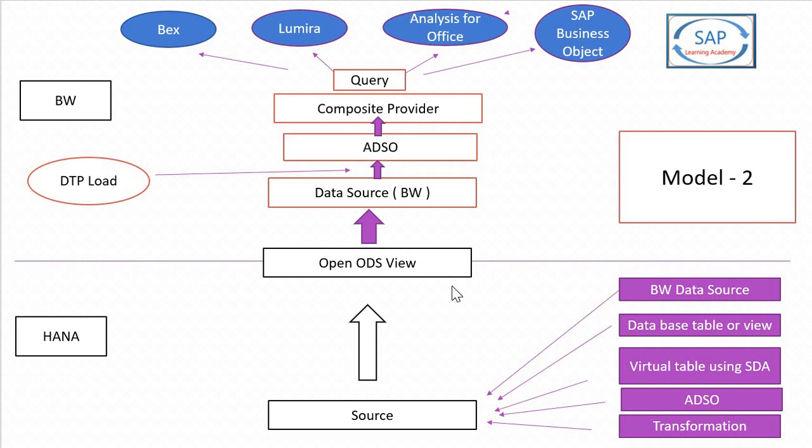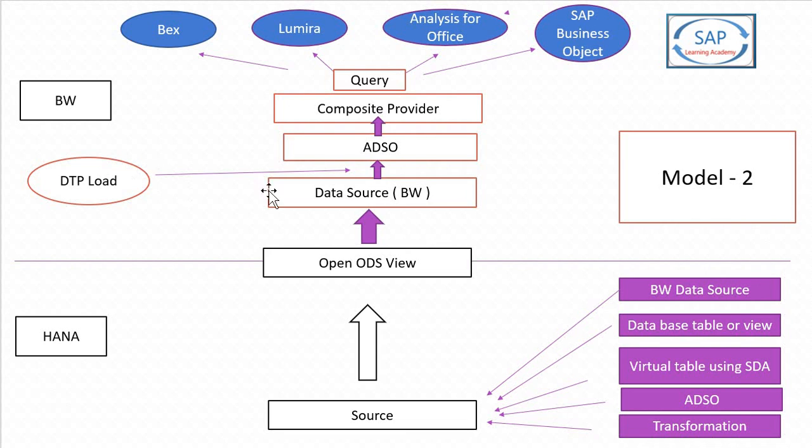Let me tell you that the OpenODS view is not a persistent layer. It is a virtual structure which can be consumed further into BW. Once we have created the OpenODS view, we can generate a data source. Once you have generated the data source, you have an option to load the data into the ADSO.